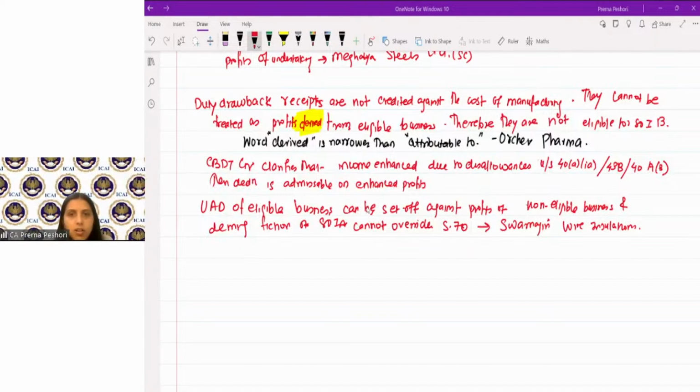Nowhere does it restrict that. Therefore 80IB should be allowed for the remaining years during the period of 20 years or 15 years or 10 years, whatever is there for the assessee. He can claim the deductions even for the remaining years. It's not necessary that he has to start claiming it from the first year itself. Are we clear? Okay.